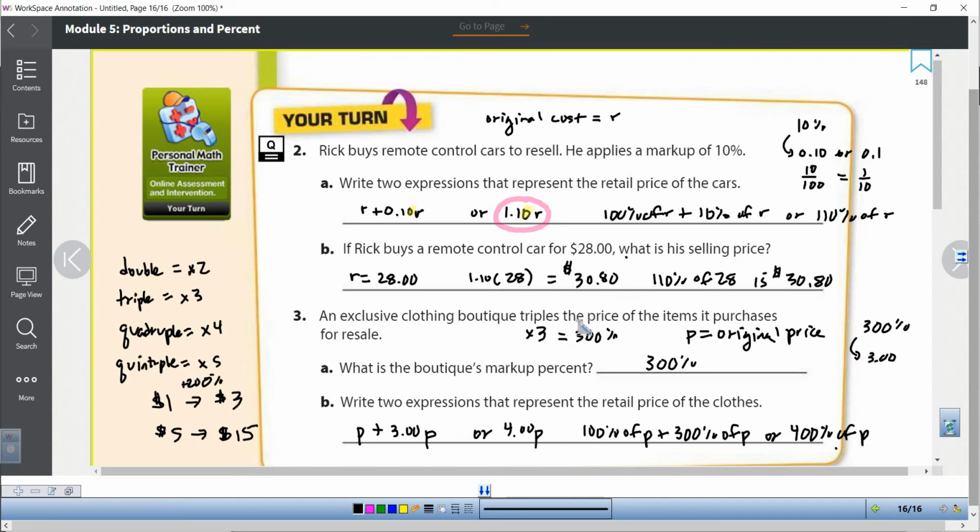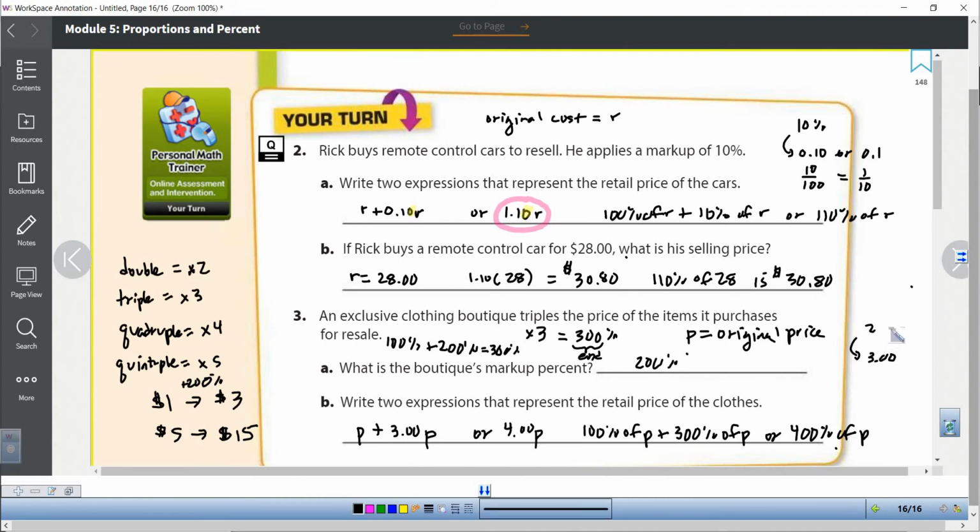All right, so times 3 is 300%, but that's what we want at the end. So we need to add 200%. So 100% plus 200% equals 300%. All right, so their markup is actually 200%, right?